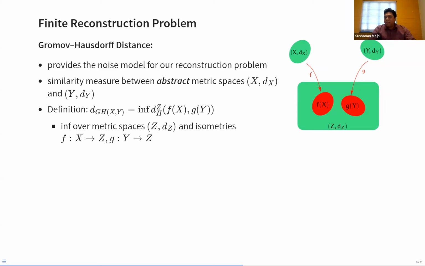Once embedded, you can talk about Hausdorff distance inside of Z. And then you try out all different isometries and all different ambient spaces so that you have the best one. The best one is going to give you the Gromov-Hausdorff distance. So in a way, you are trying to give a distance measure that reveals disparity if X and Y are very different metrically.